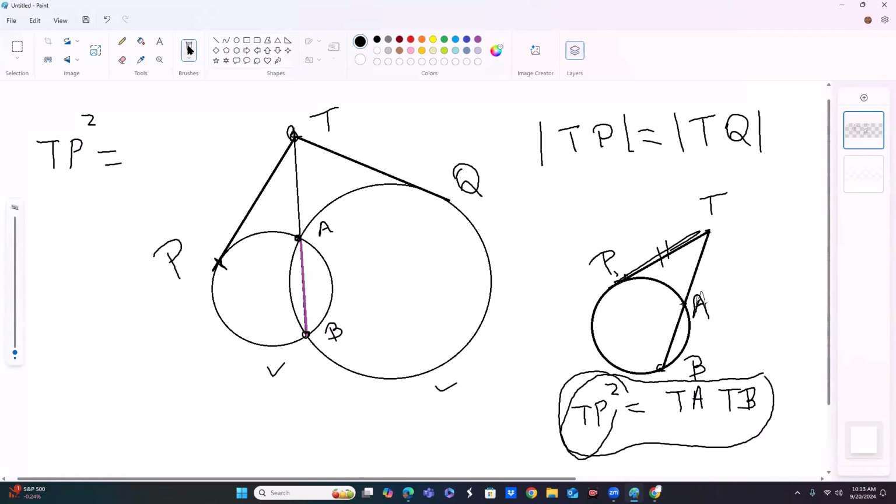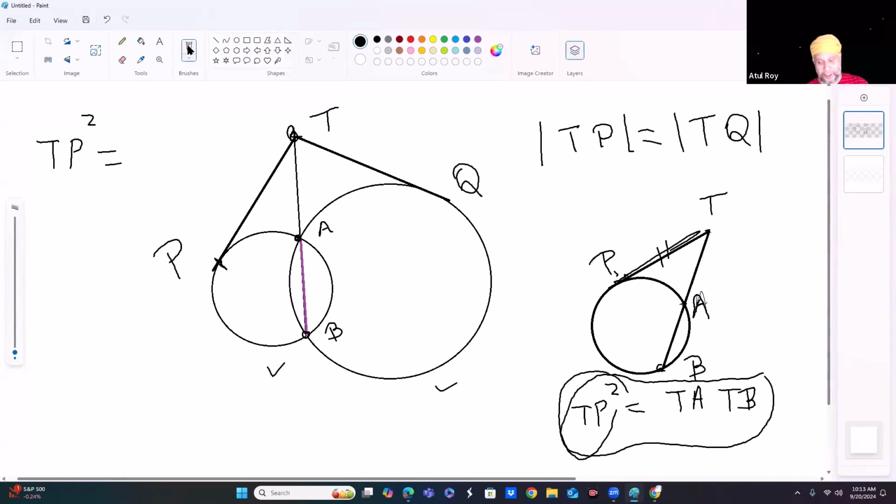Okay, so TP square equals how much? See this here? It meets in A and meets in B, right? So that equals TA times TB. Do you agree?